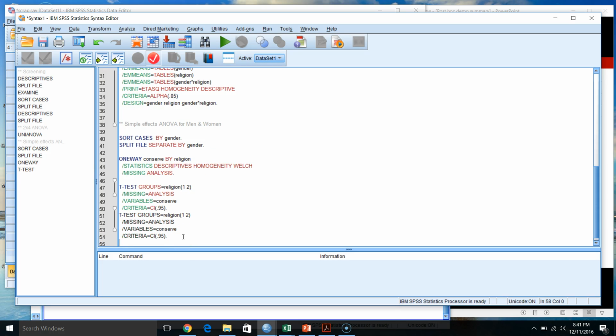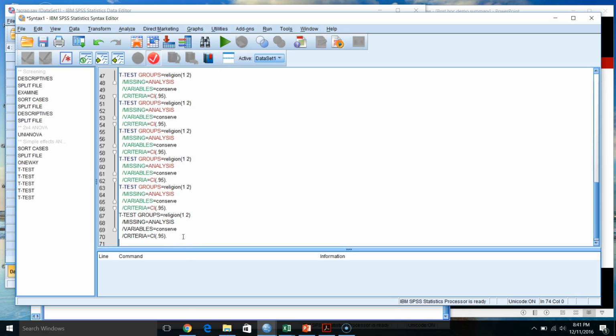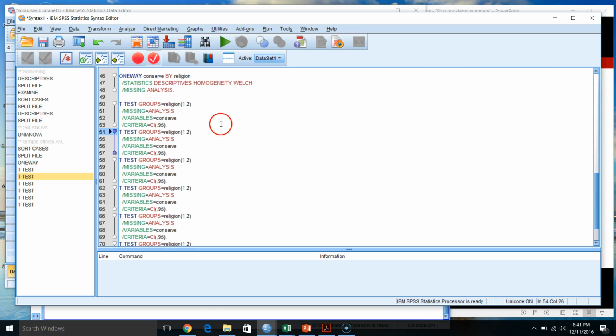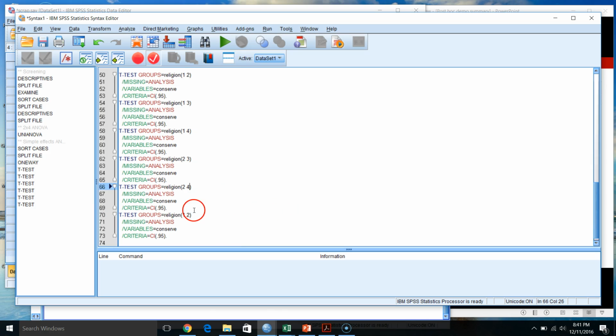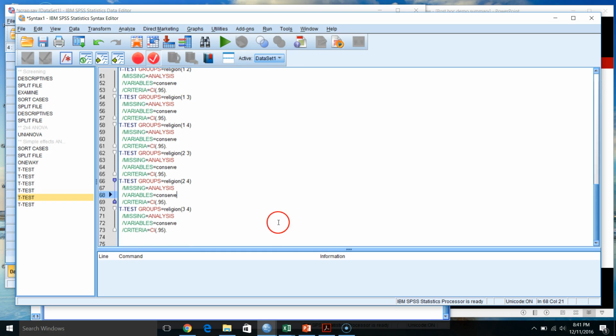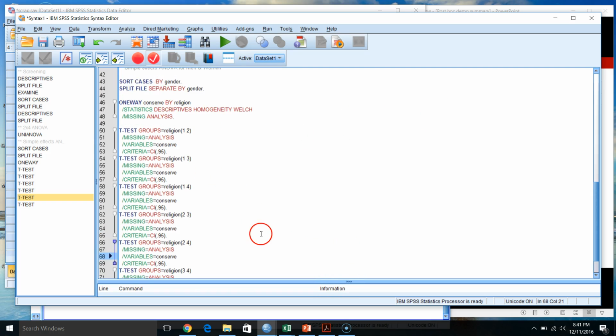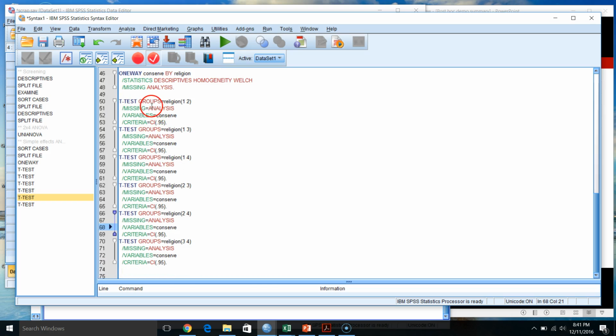So we've got 1, 2, 3, 4, 5, 6, and then I can just go through and change this. So this is 1 and 3: my unaffiliated and my Protestant women, my unaffiliated and Jewish women, Catholic, Protestant, Catholic, Jewish, and Protestant, Jewish. Okay, so what I've got here now is our pairwise tests for each one of our possible comparisons.